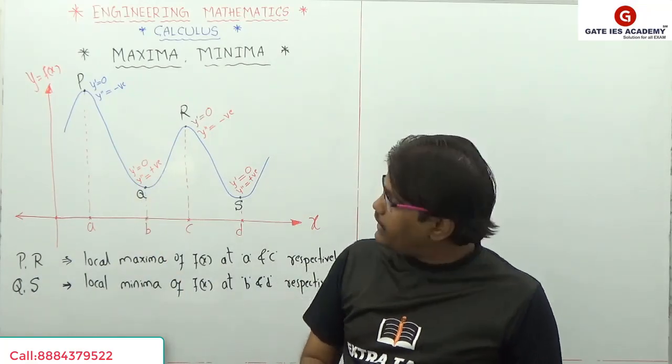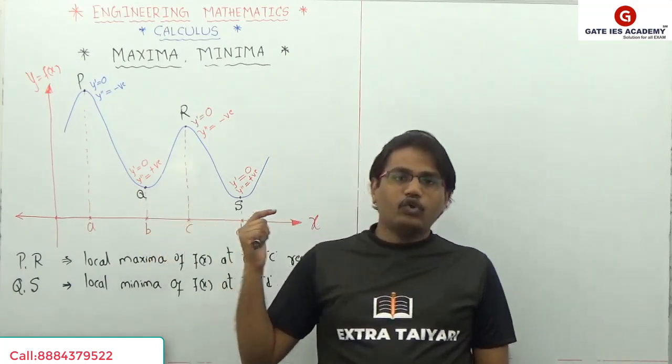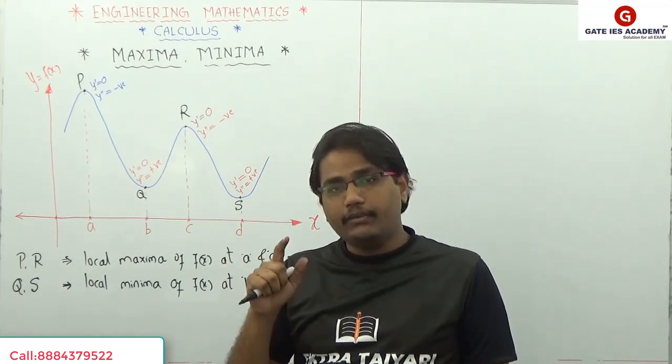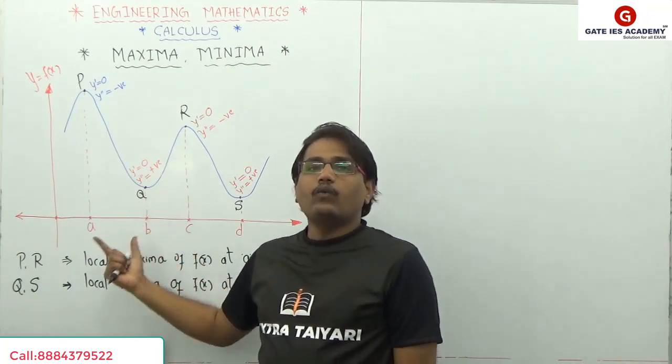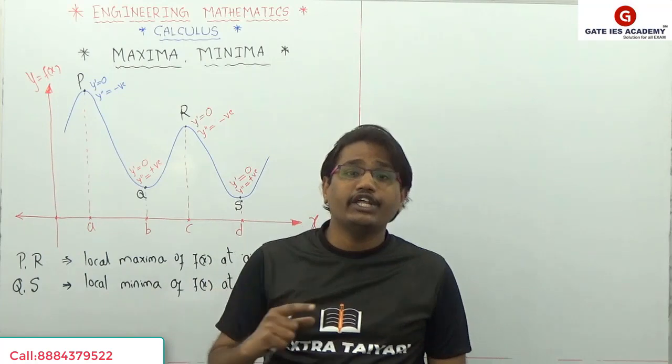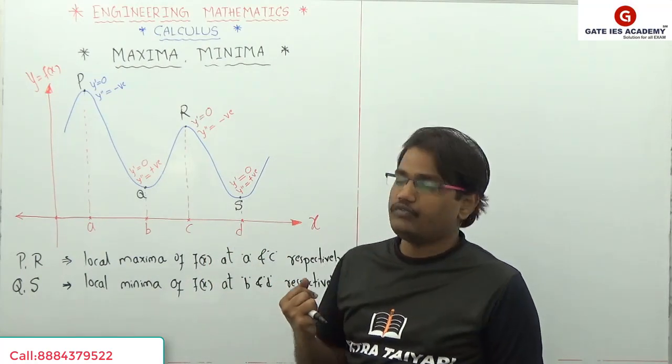Why is y double dash positive at Q? Because if you want to know the nature of the curve at any point, always look at y double dash, the second derivative of the function.